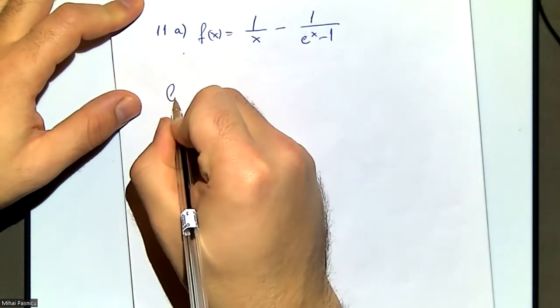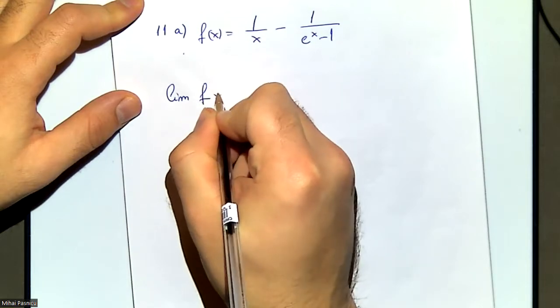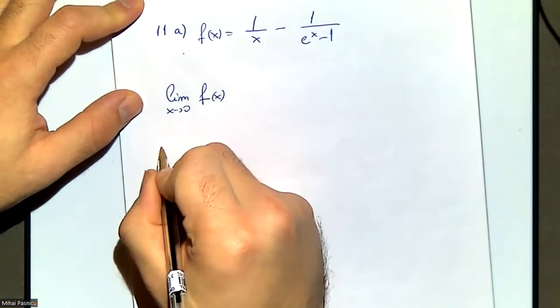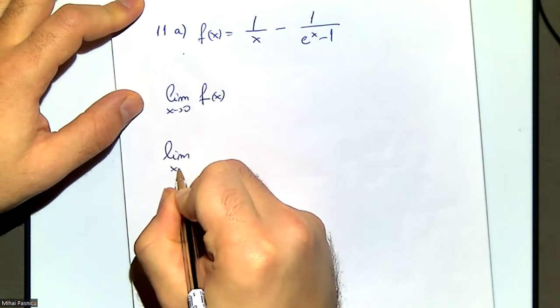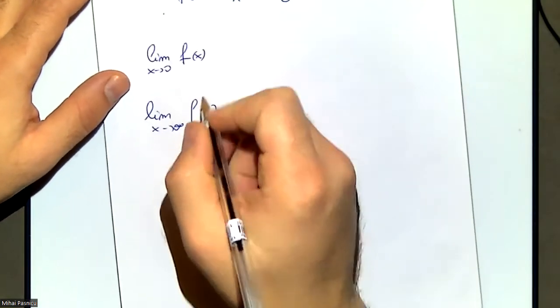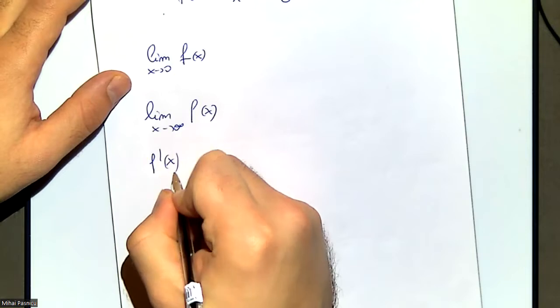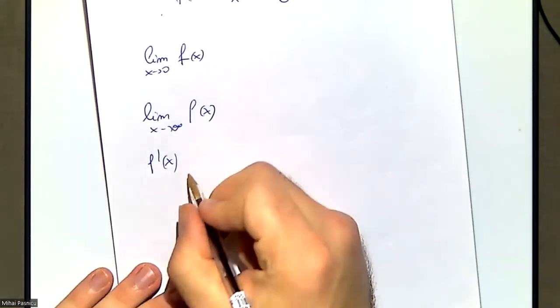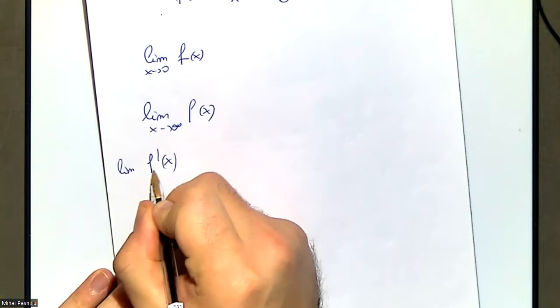And I'm asked to compute the limit when x goes to 0, the limit when x goes to infinity of f of x, and the limit of f prime of x. I don't know if that's a limit or a find or what it is, but we can get the limit of anything. So we might get the limit of this, maybe, if we're ambitious.